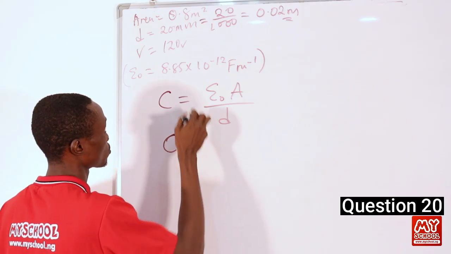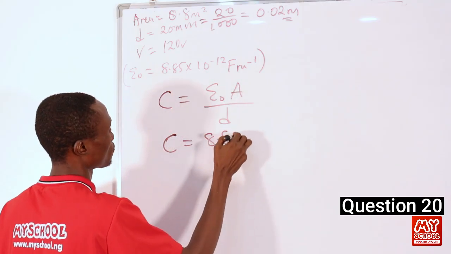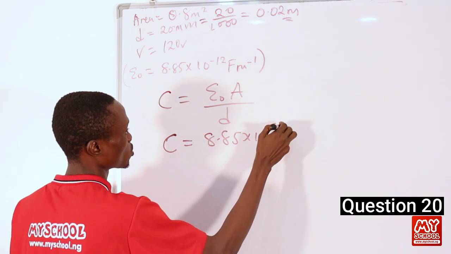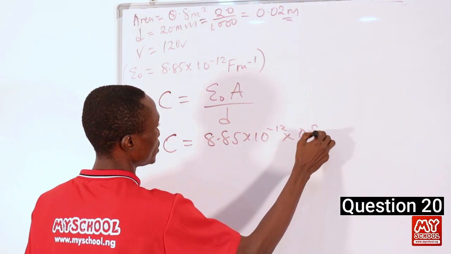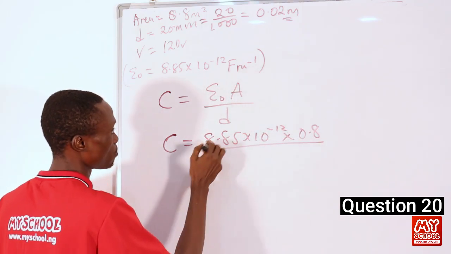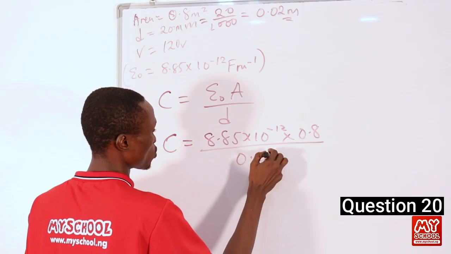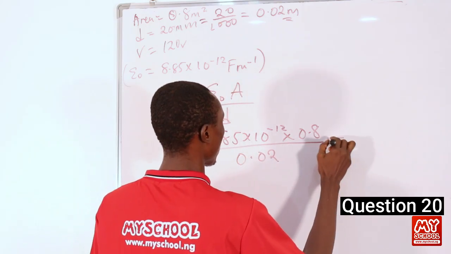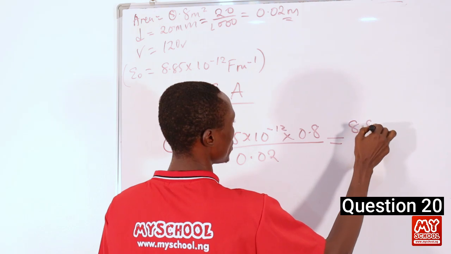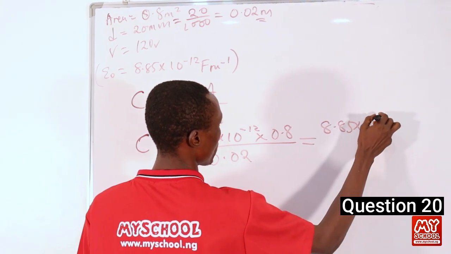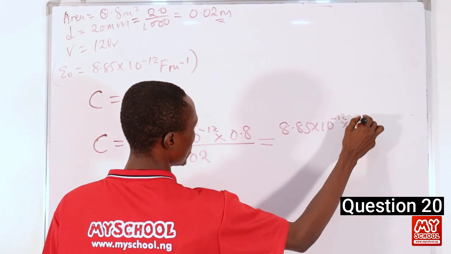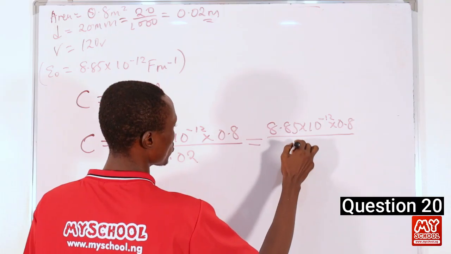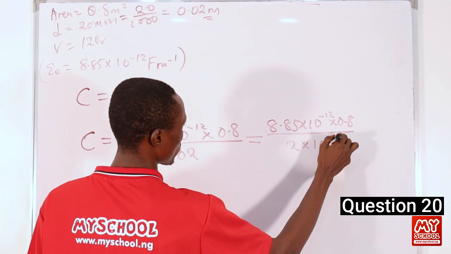So C is equal to 8.85 times 10 raised to the power minus 12 times 0.8, for our area, divided by the distance, which is 0.02. So I'm going to put the denominator in standard form. So this will be equal to 8.85 times 10 raised to the power minus 12 times 0.8 all over 2 times 10 raised to the power minus 2.